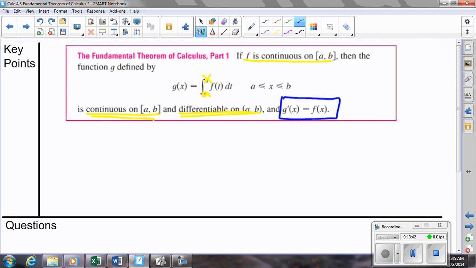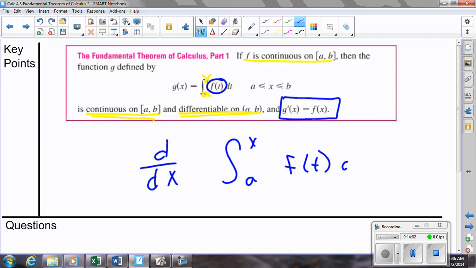The derivative of this area function is just this thing itself. That is telling us that if you take the derivative of this function, it's just f of t.